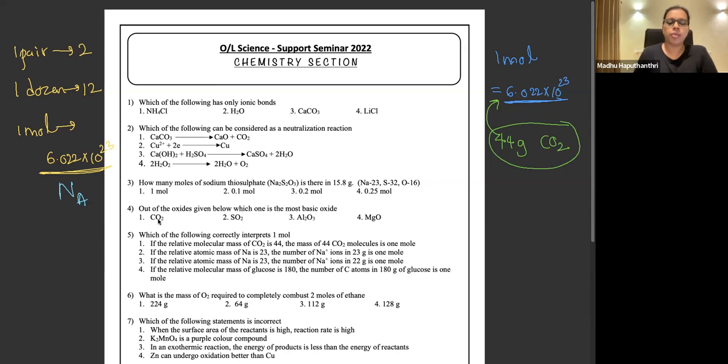By looking into the information I have given for statement 2, can you tell me what is the relative atomic mass of sodium? That is also 23, right? Okay. So then sodium is 23.